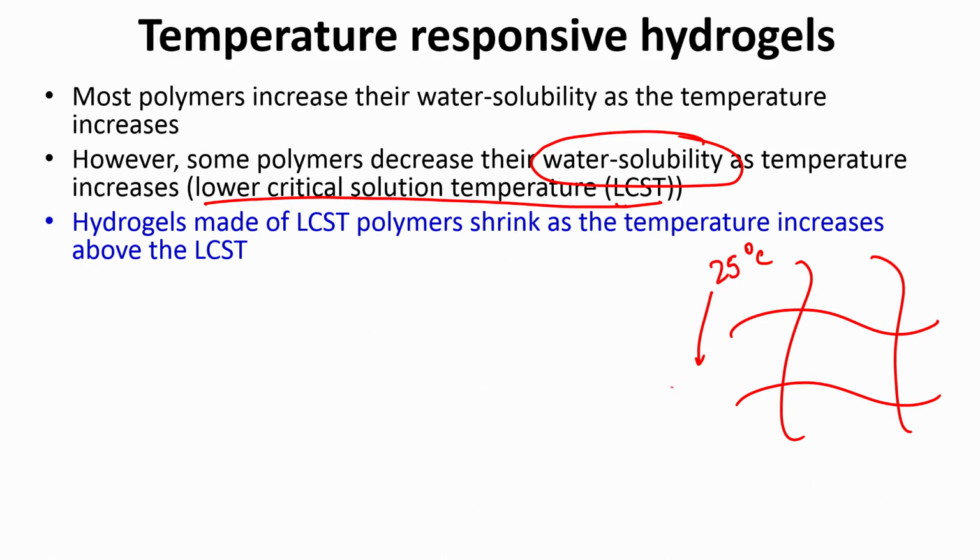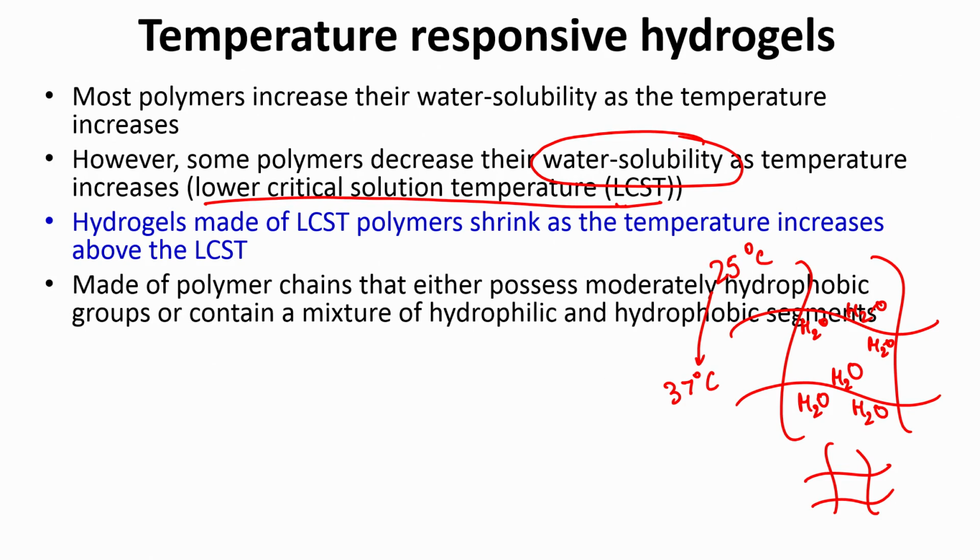Now, if the temperature is increased to 37 degrees Celsius, and the water solubility decreases, then all these water molecules that were interacting with the polymer chains will reduce, and because this is reducing, the swelling will decrease, and so you actually have these hydrogels that will shrink as the temperature is increased and goes above a certain temperature, which is the LCST.